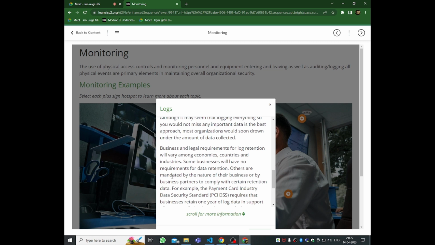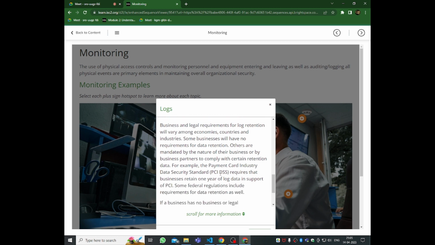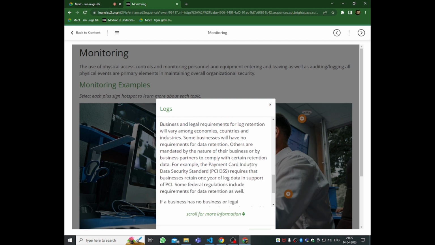Some businesses will have no requirement for data retention. Others are mandated by the nature of the business or by business partners to comply with retention of data. For example, the Payment Card Industry Data Security Standard requires that businesses retain 1 year of logged data in support of PCI.